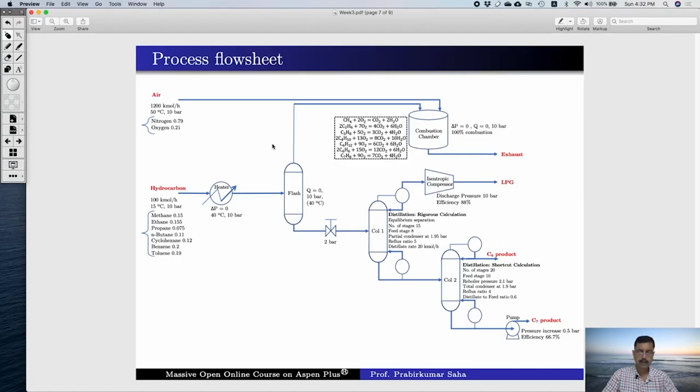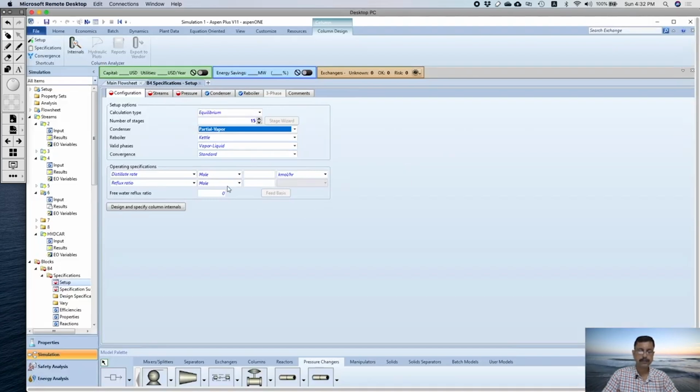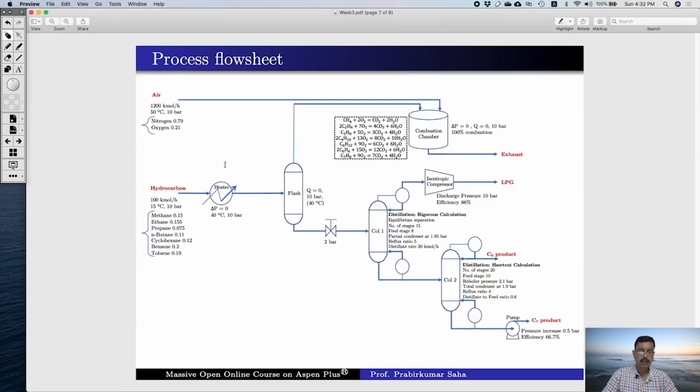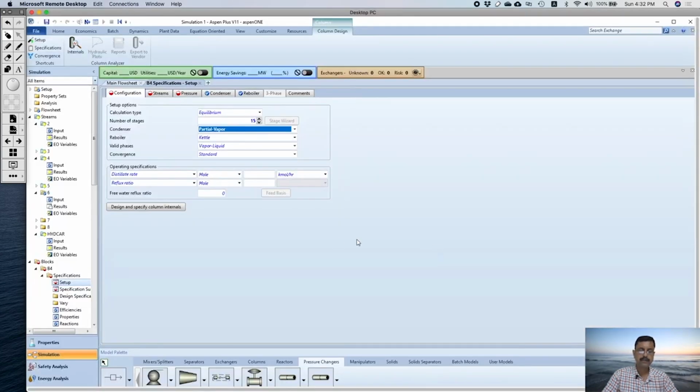So it is partial vapor. We do not have anything this side. Then we have some more information. The partial condenser will operate at 1.95 bar.